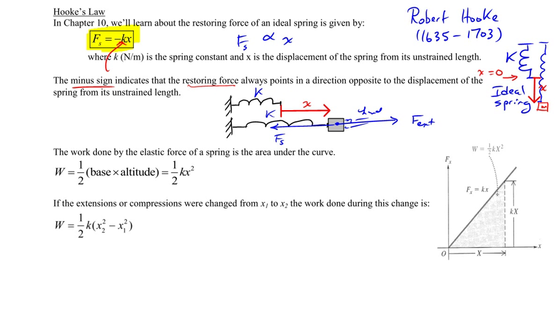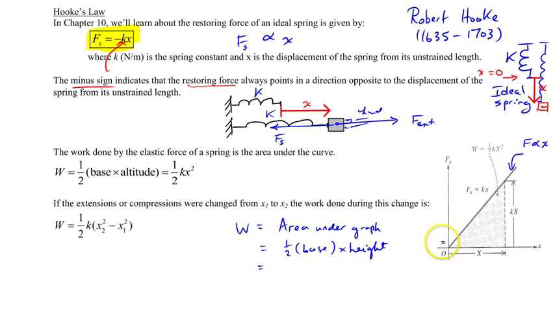Now, if we were to determine the work done for an ideal spring, we would first plot a force versus displacement graph. You would get this nice linear relationship between the force and the displacement. And then what we would do is calculate the area under the curve. So the work done from moving the spring from the initial position of 0 to a final position x would be basically the area under the graph, which is the area of this triangle.